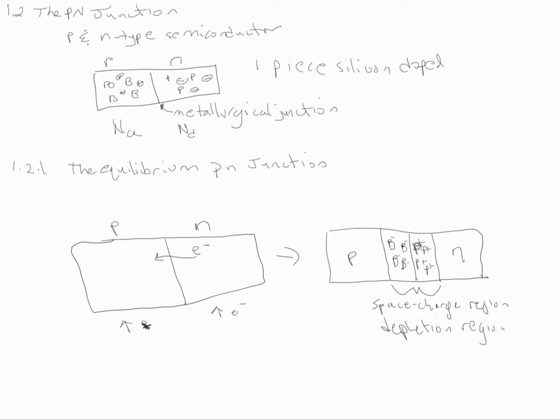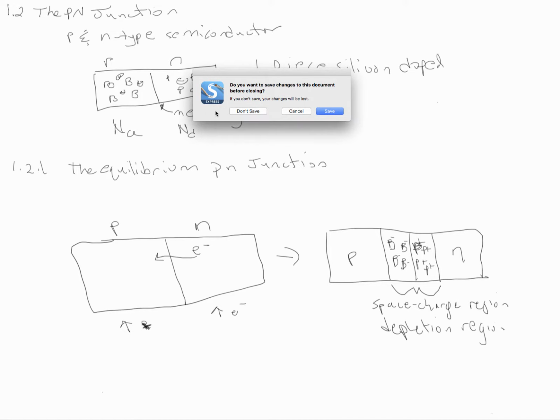And so this is the picture of the equilibrium p-n junction. Now, equilibrium doesn't necessarily mean static. There's still stuff going on. It just means that's where it's set up to where it's going to stop growing, that space charge region.